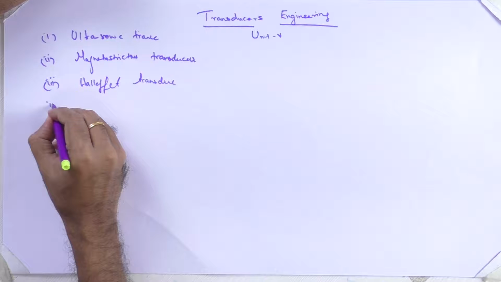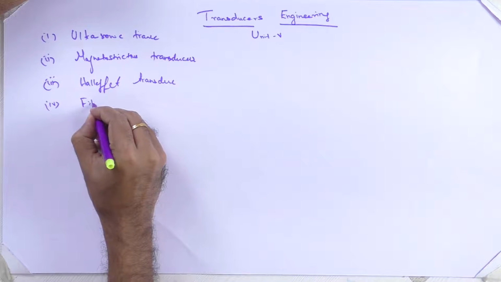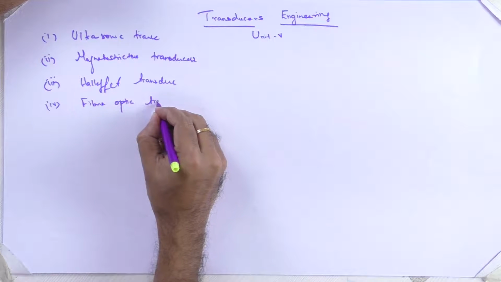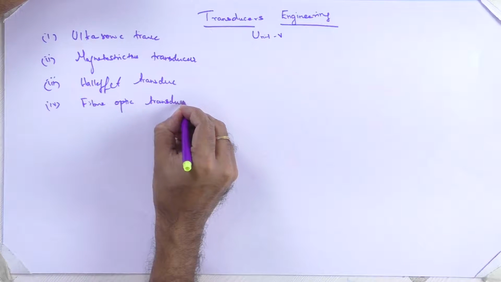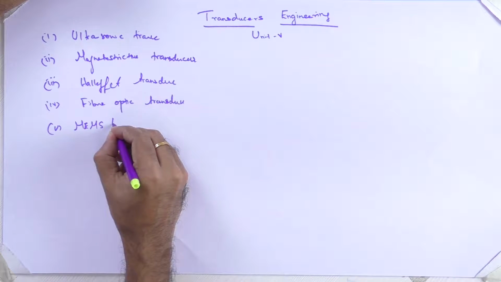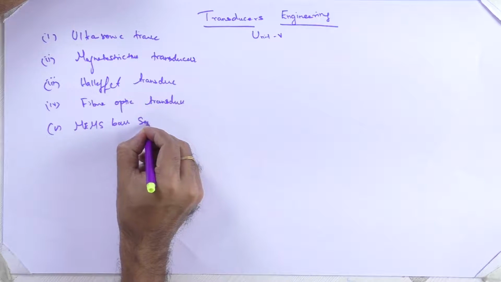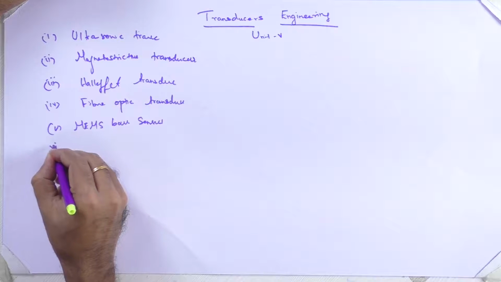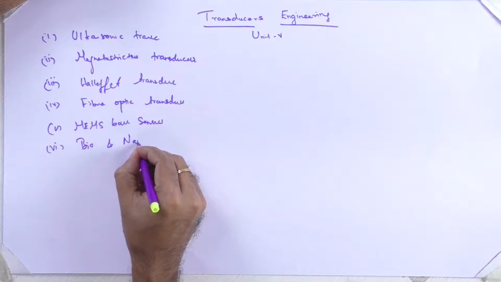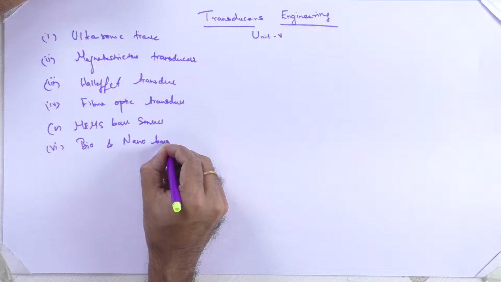The fourth one is the fiber optic transducer. The fifth one is the MEMS based sensors. And the sixth one is the bio and nano based sensors.